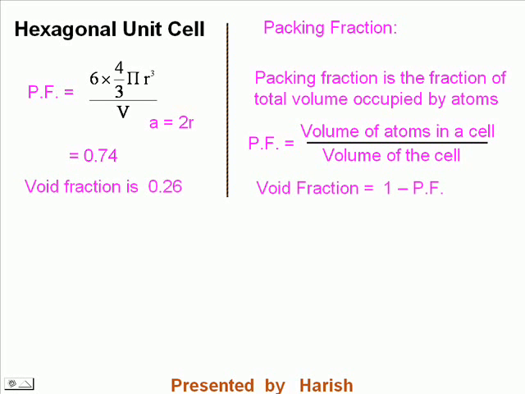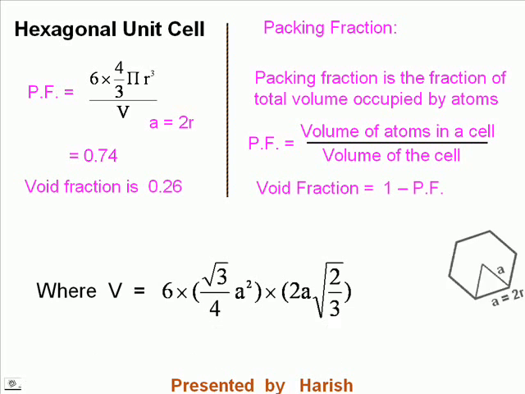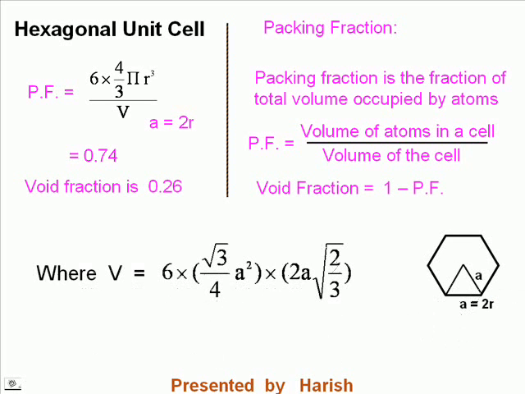So that makes void fraction 0.26. Let's get back to this. We just now said that this volume is equal to 6 times the area of this equilateral triangle multiplied with the height of the hexagon. So this is the volume, and again I know the relation between a and R, so I substitute this value, I get this numerical value.